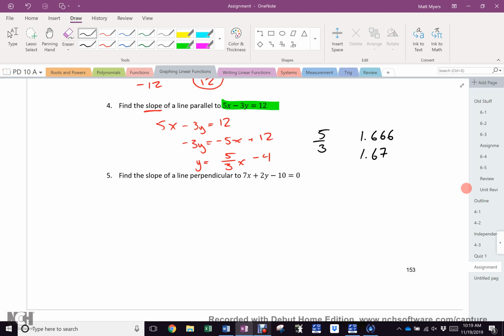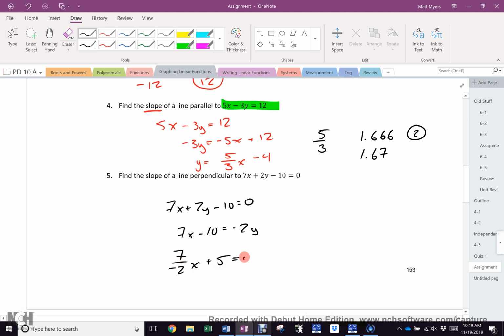Carry on. What? 2, because you had to be able to do algebra and then know what parallel meant. Perpendicular. 7x plus 2y minus 10 equals 0. 7x minus 10 equals negative 2y. 7 over negative 2 x plus 5 equals y.